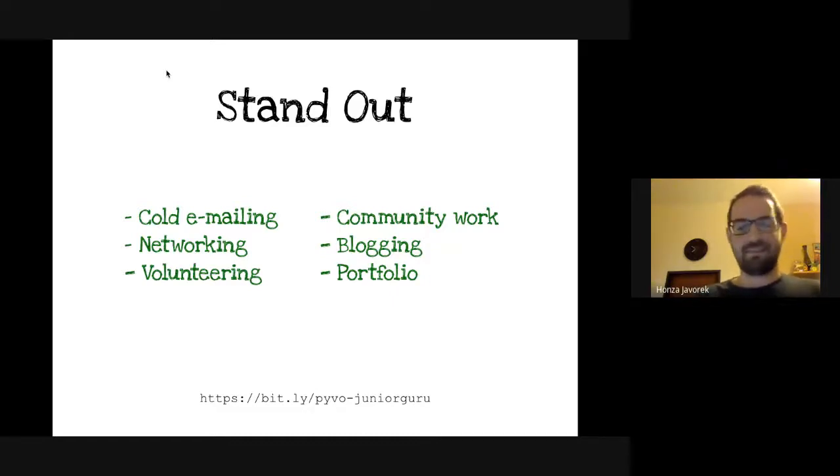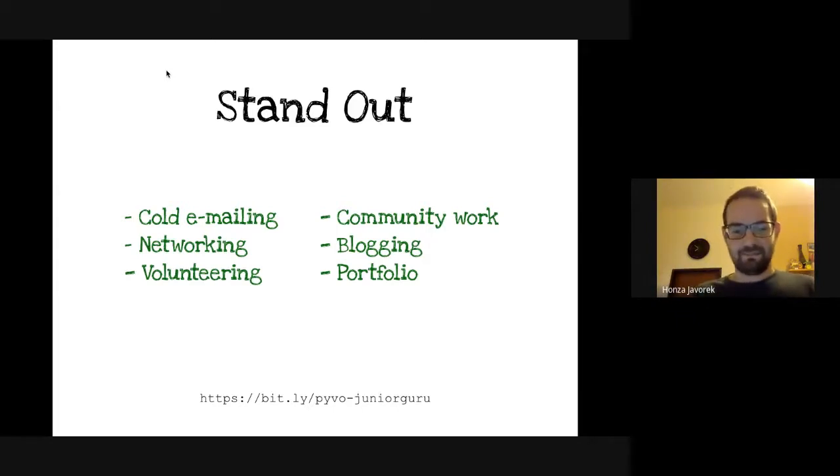I started like this. I started this meetup way back 10 years ago, I don't know. And even though I wasn't a professional in Python, people knew me because they knew that I organized the meetup, and I gained a lot of opportunities just thanks to that. And also I was inviting speakers and so on, so the speakers knew me.